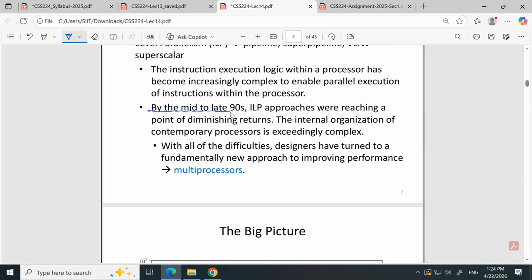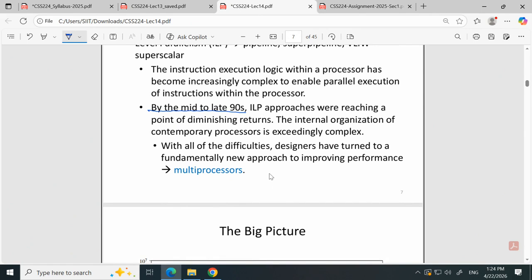By the mid to late 90s, instruction level parallelism approaches. When we talk about ILP, instruction level parallelism, you have to think about pipeline, super pipeline, VLIW, superscalar processor.